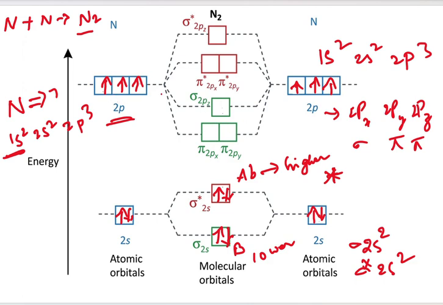Now the electrons are redistributed into the bonding orbitals. First the electrons occupy pi 2px, and the next electron comes into pi 2py, and similarly sigma 2pz1, and the rest of the electrons, as per Hund's rule, pair up.